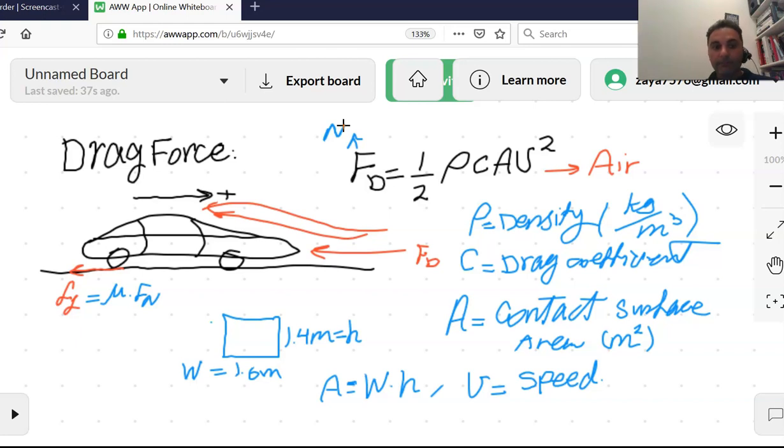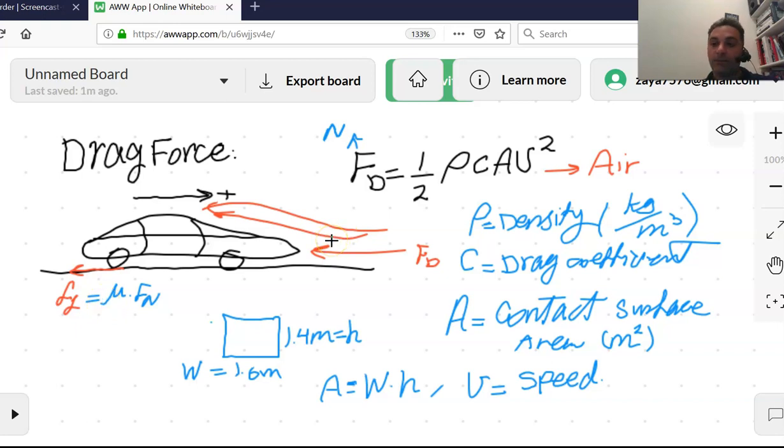Okay, so if we move inside the air, we have drag force 100% against our motion. So when one car, one tire, one wheel, one bicycle rolls on the surface, we have two opposing forces. One is friction force, the other one is drag force.